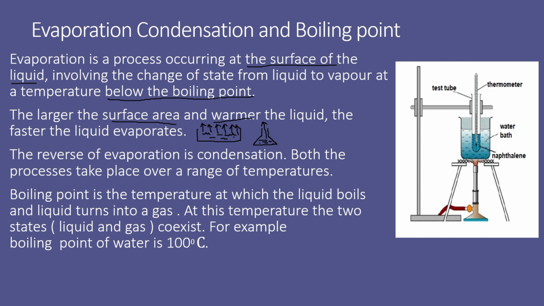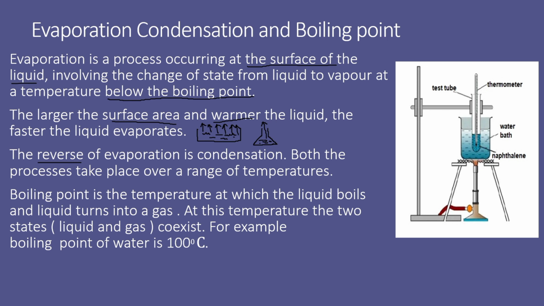The reverse of evaporation is called condensation, and both these processes take place over a range of temperatures. There are no fixed points for these. On the other hand, boiling point is the temperature at which the liquid boils and the liquid turns into a gas. At this temperature, the two states, liquid and gas, coexist.